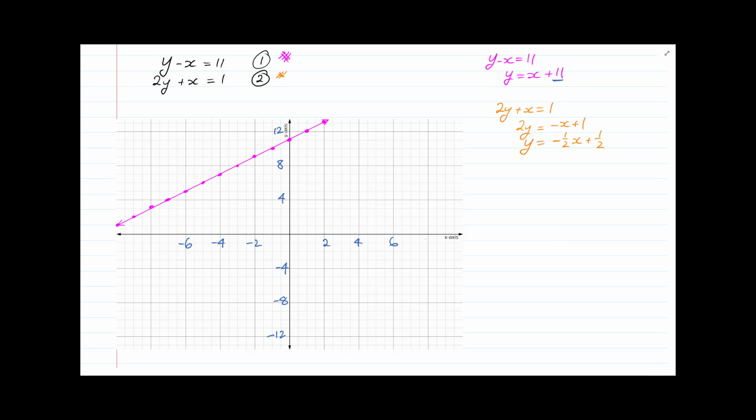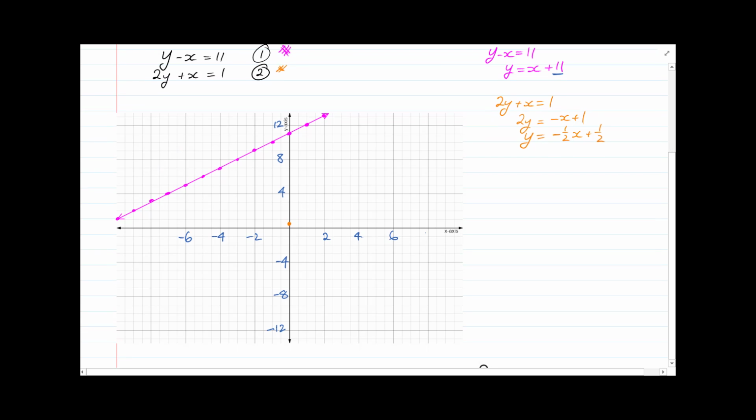Now in orange, I'm going to do a second function, with a y-intercept of 1/2 and a gradient of negative 1/2. That means if I go along 1, I go down 1/2. Along 1, down 1/2, which also means if I go along 2, I go down 1. If I go backwards 1, I go up 1/2, and I keep on going up 1/2 as I go.